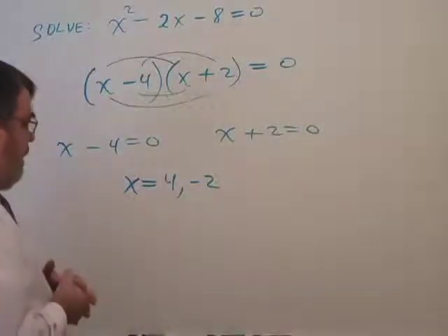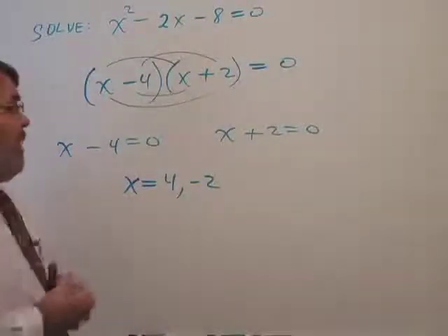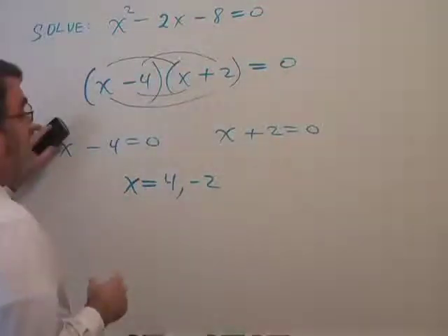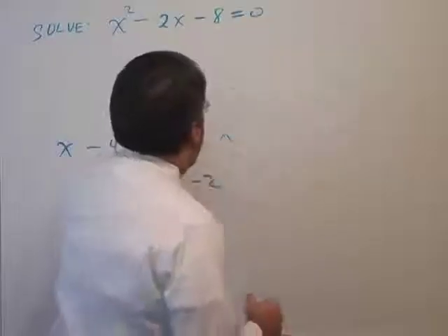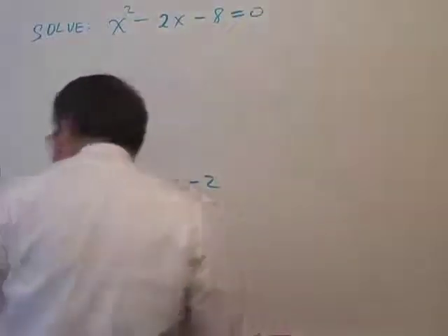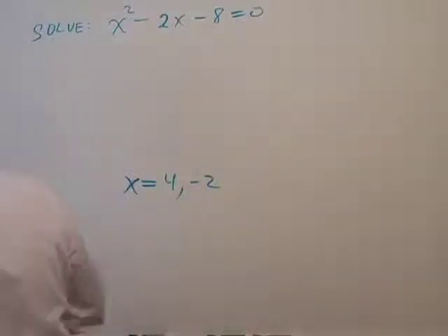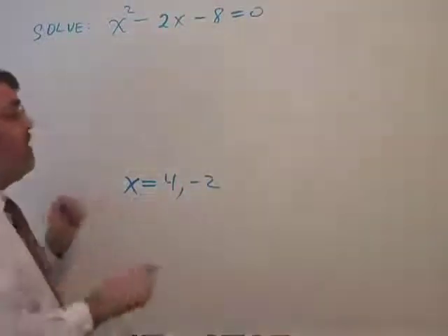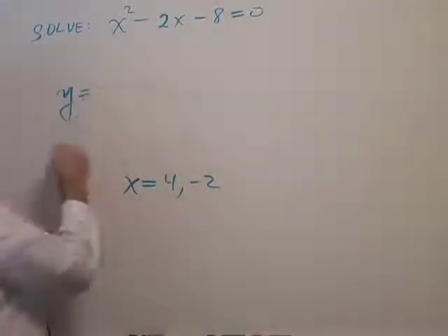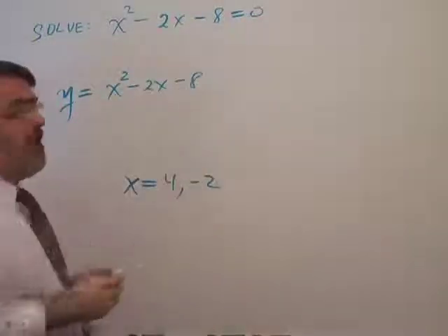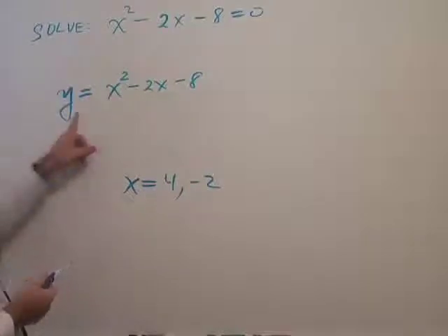All right. Now I want to make another comment about these quadratics. And let me make a little room here. If you were to think of this problem as a graph, for example, if you're looking at y equals 2x squared minus 2x minus 8, what is this shape?